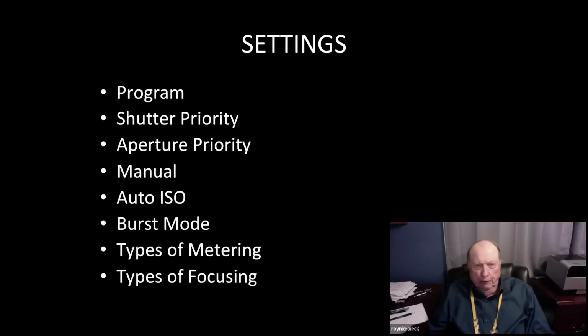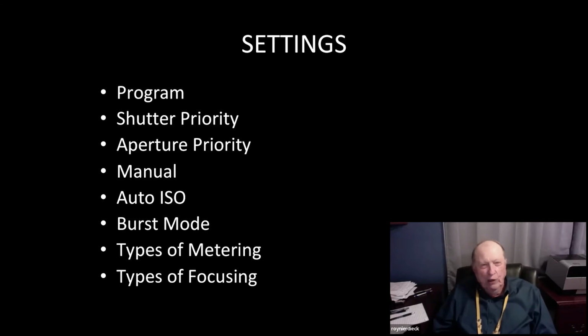You have your several different settings, which I'm sure you're all familiar with. Program, which we don't talk about too much. It comes in handy sometimes, but we like to go to where you have a little more control over your picture with your shutter priority, where you select the shutter and the camera selects the other settings, mainly your aperture to go along with that.